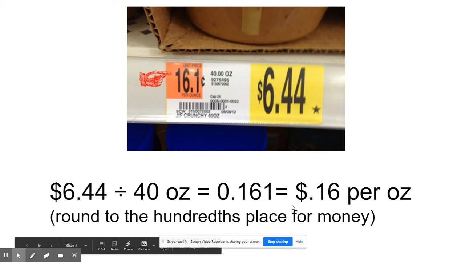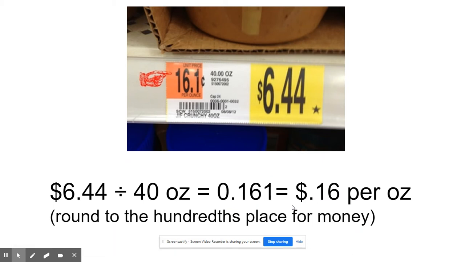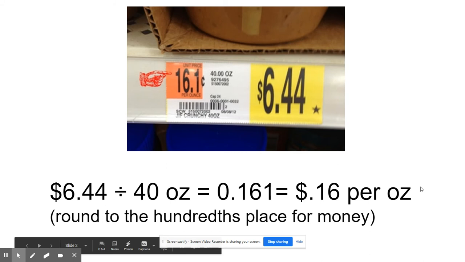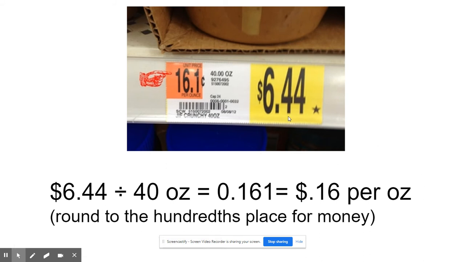Here's a real life example, and usually we do a project on this. We do a little poster, but maybe when we come back in December, we'll do the poster. I usually have you guys shop in grocery ads to find some different unit rates and compare what the better deal is. In this case, this is a jar of Jif peanut butter, I think from Walmart. The jar costs $6.44, and it's a 40-ounce jar.